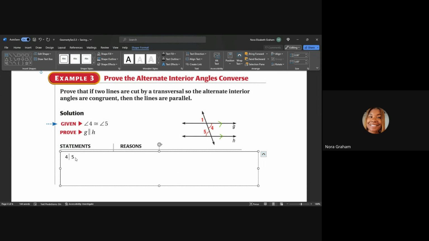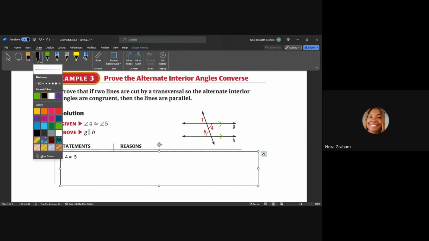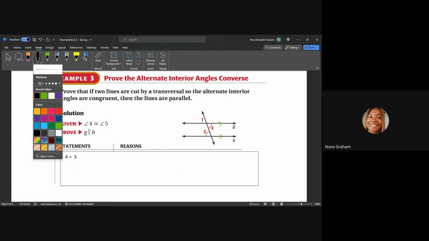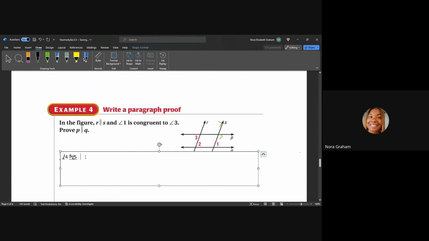I'll actually draw in the little line. Let me see if it will let me draw it in. There we go. Angle congruent to this one. Sorry, that's a little sloppy.